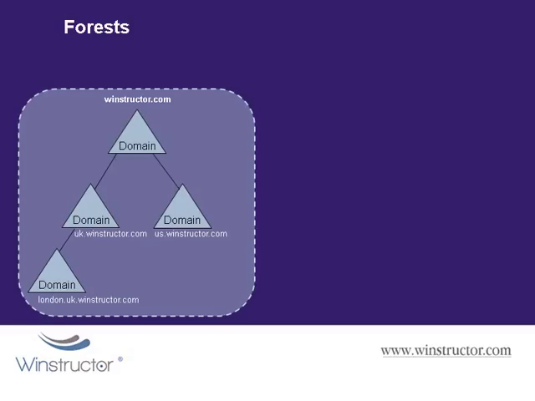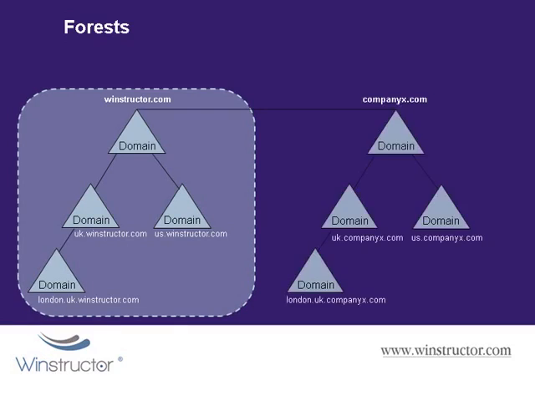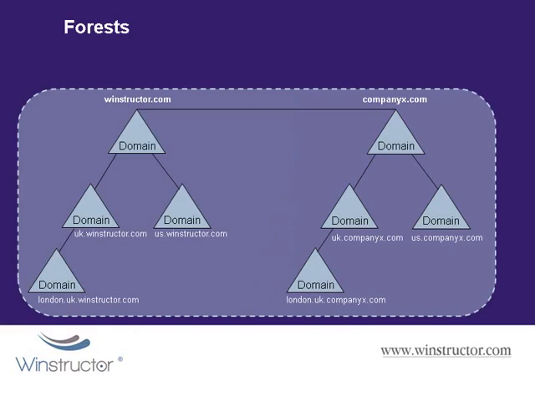But the advantage of a forest is that we can now add in more domain trees, and they don't even need to have the same namespace. So here we can see that we have an entire domain tree structure which starts at the parent domain called winstructor.com. Now we could add in another entire domain tree structure which has a totally different name, in this case companyx.com.